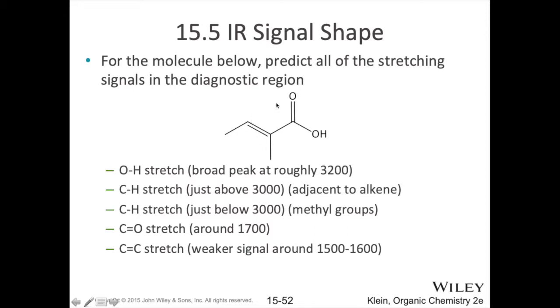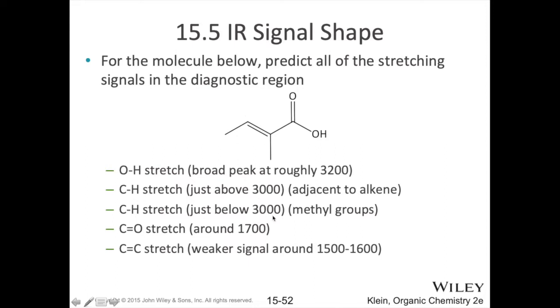Think about not only those functional groups, but also some of the hydrogens attached to those. You've got to consider that we have regular sp3 carbon-hydrogen stretches, but we also have carbon-hydrogen bonds attached to this sp2 carbon.